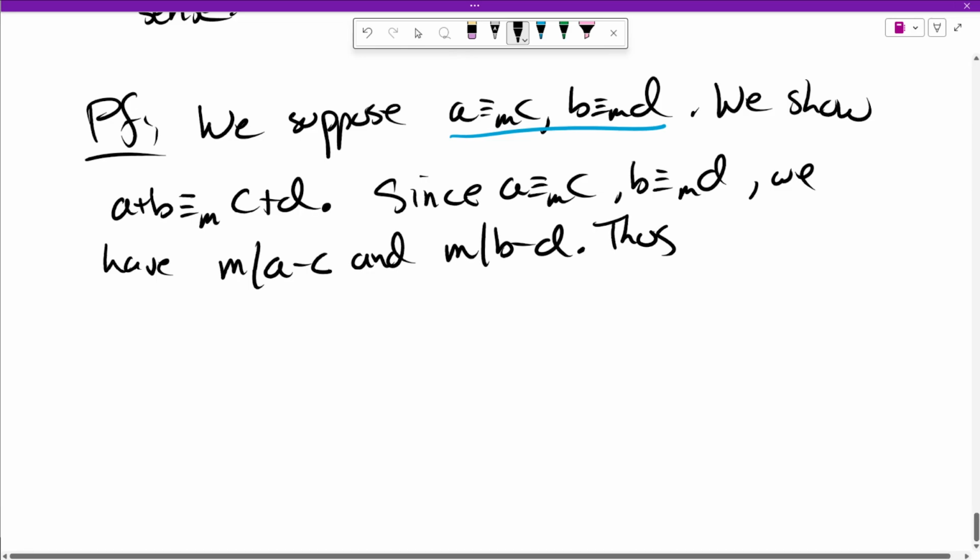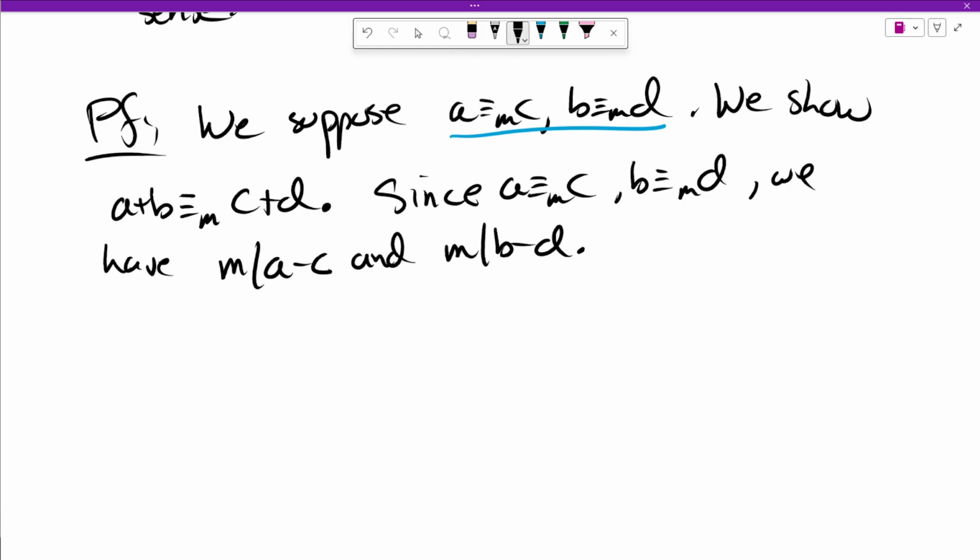Now let's write out the definition of divides. Okay, let's not actually write out the definition of divides just yet. I'll do an alternate proof where we do it that way. Now let's write out what we want.